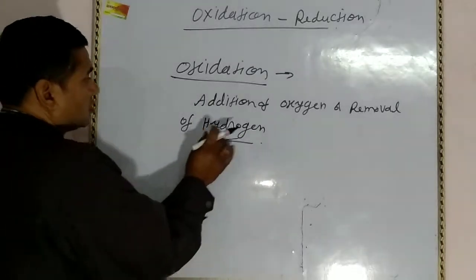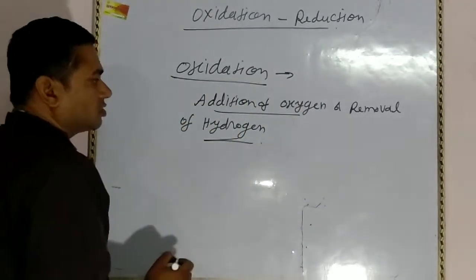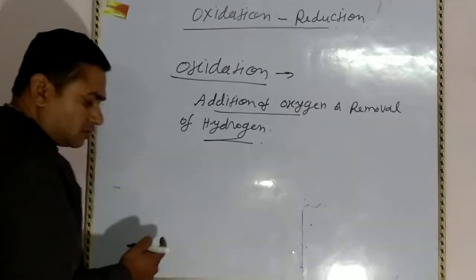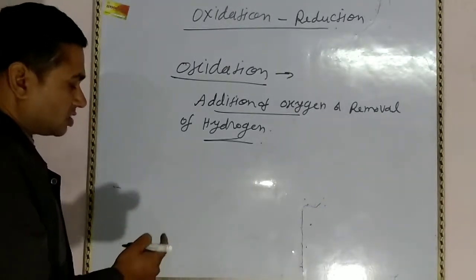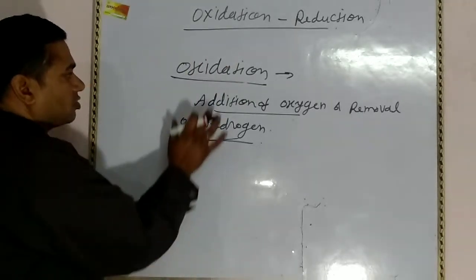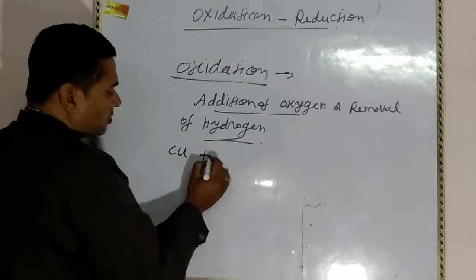When you see there is an addition of oxygen or removal of hydrogen, then we say this is an oxidation reaction. Oxidation happens like this: Cu plus O2.